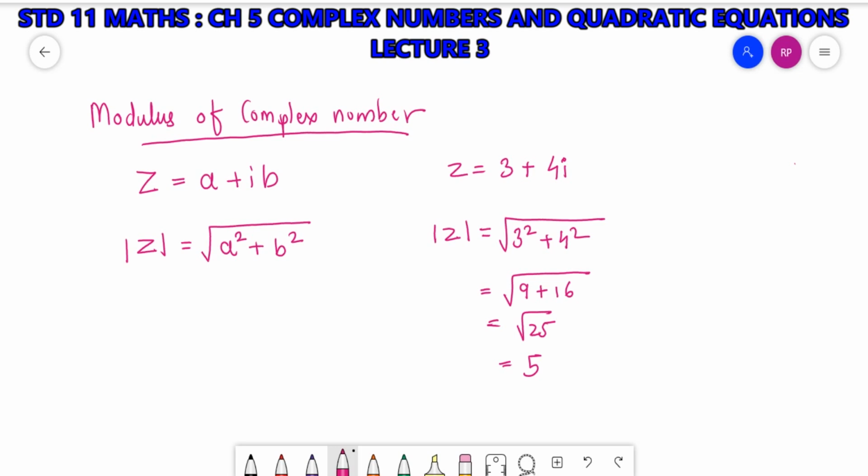This is about the modulus of complex number. Just note it down. Okay. Now let's see about the conjugate.